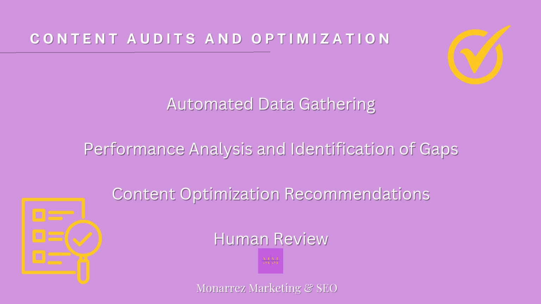Content audits and optimization. Auditing a large website can be time consuming and it's hard to find what needs fixed, what's underperforming. In the past, you would manually pull all this data from various tools: your website builder, SEMrush, Ahrefs, whatever you use, Google Search Console, and then you would compile it into one spreadsheet, Excel or whatever you choose to use.